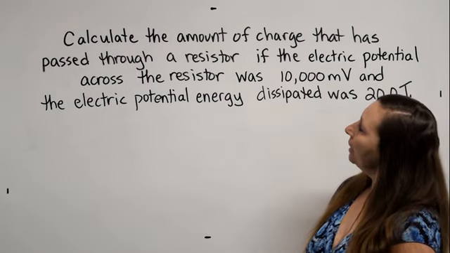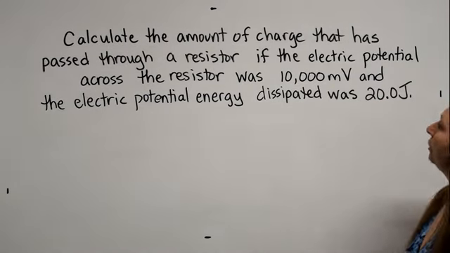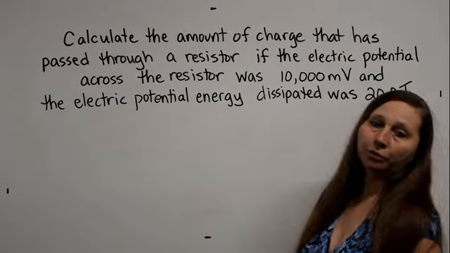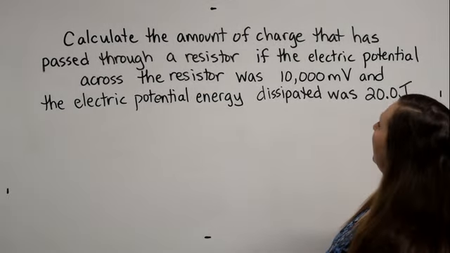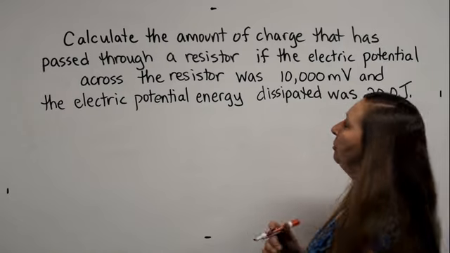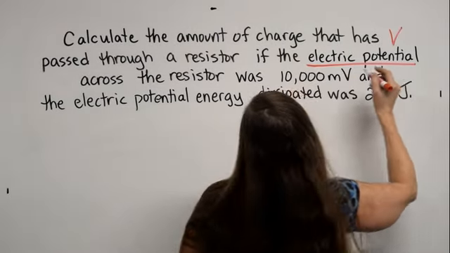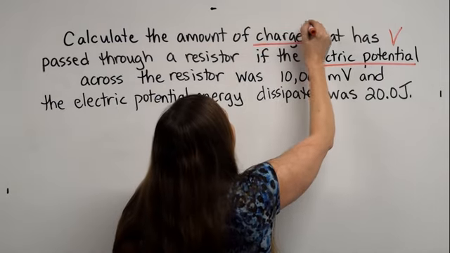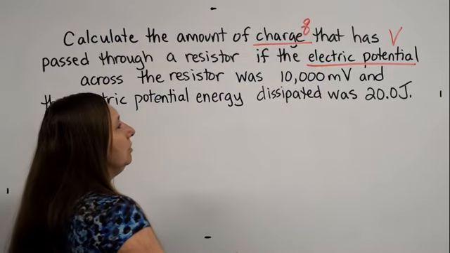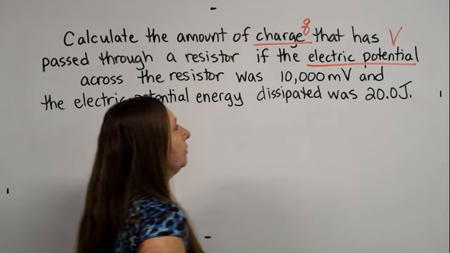Calculate the amount of charge that has passed through a resistor if the electric potential, now remember, electric potential is voltage. Charge is Q. Electric potential is V for voltage.